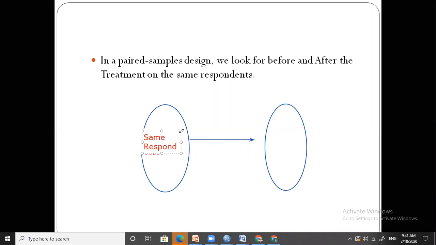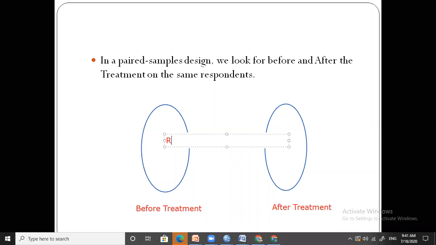Now these are the same respondents before treatment, and these are the same respondents after treatment. Let's say this is respondent R1 before treatment.